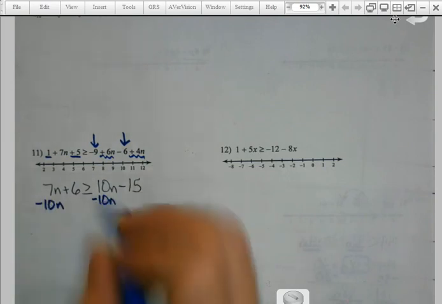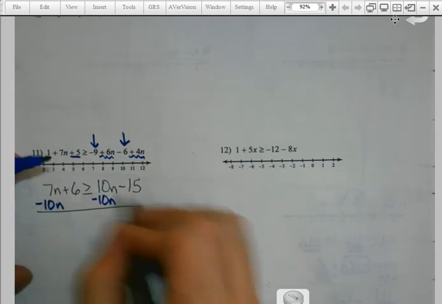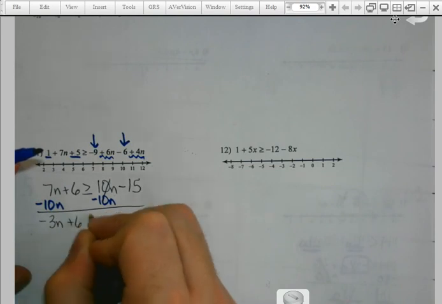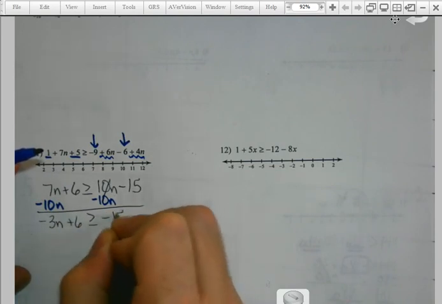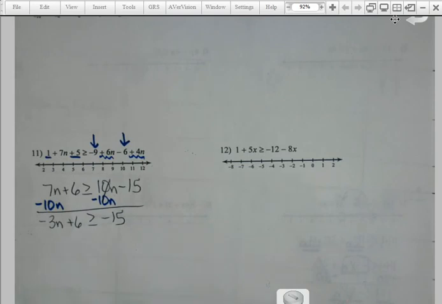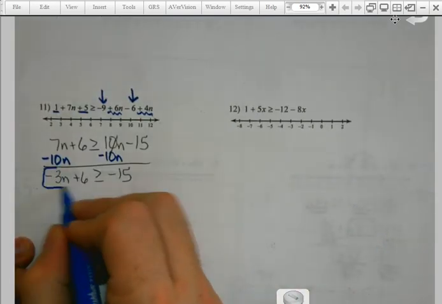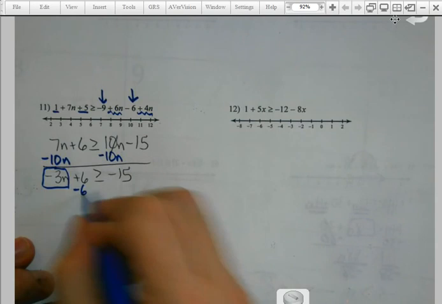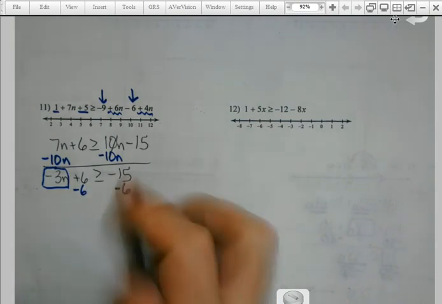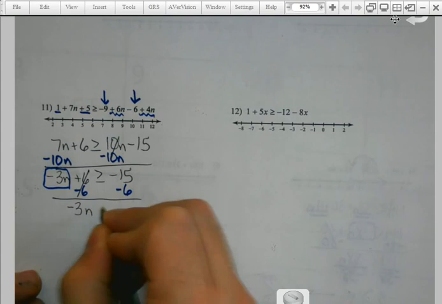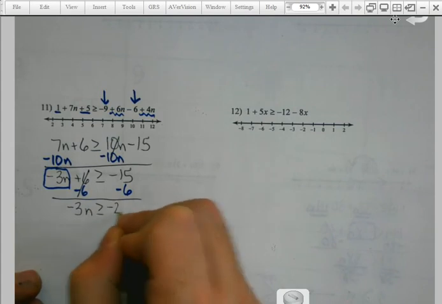Undo the positive 10n. And all I've got left to do now is to get my 3n by itself.